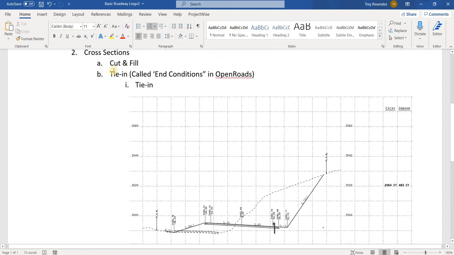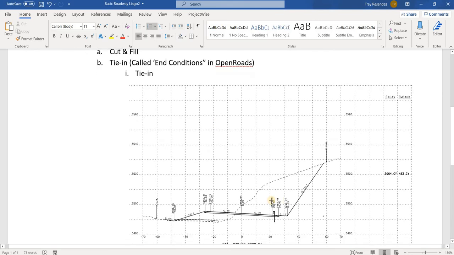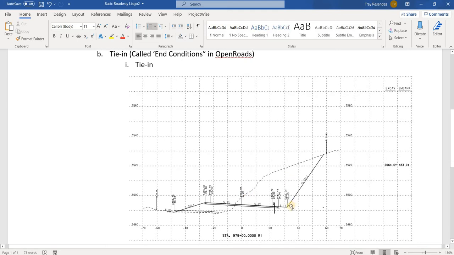Another term is tie-in, and in OpenRoads it's called end conditions. Basically, what tie-in means is how your proposed design interacts with the existing terrain.